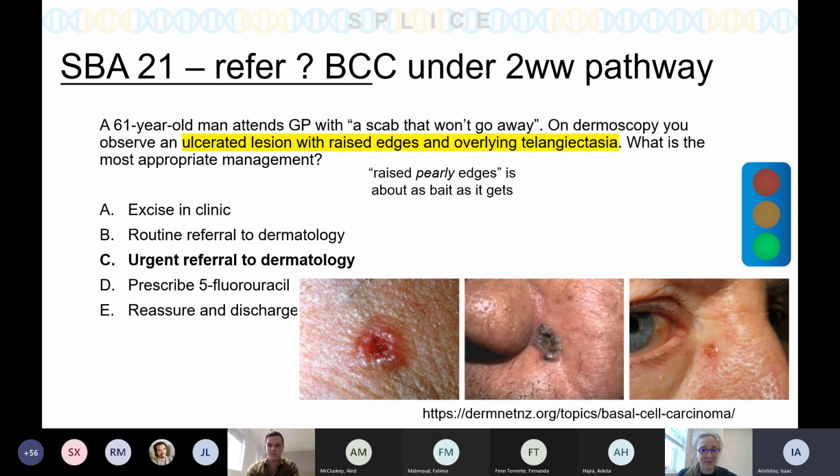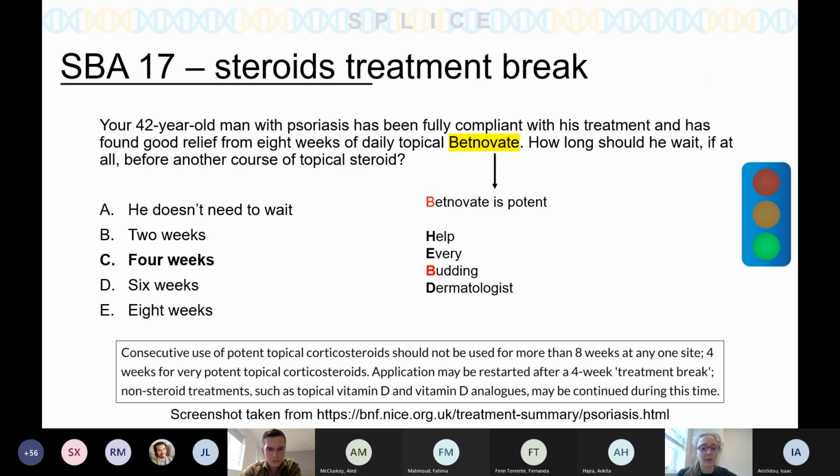With regards to the 4-week breaks with potent steroids, someone wrote, is it 8 weeks break for flexural psoriasis, or should we just assume 4 weeks? So I would be careful about learning numbers like that. That is not a rule we use in dermatology. If somebody is using, so 8 weeks is quite a lot of steroid to use.